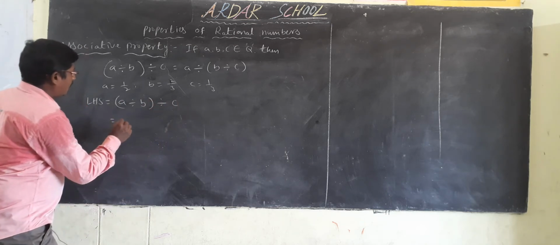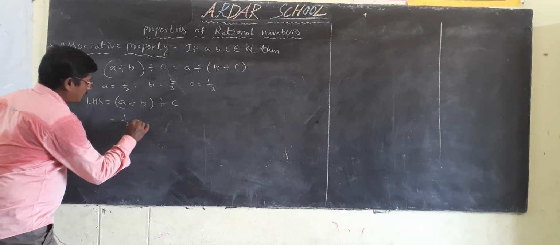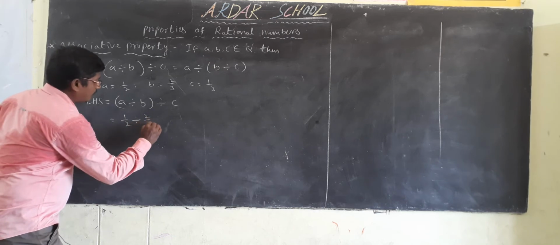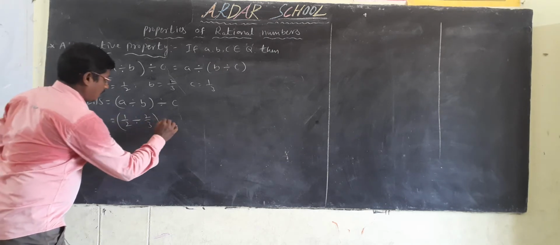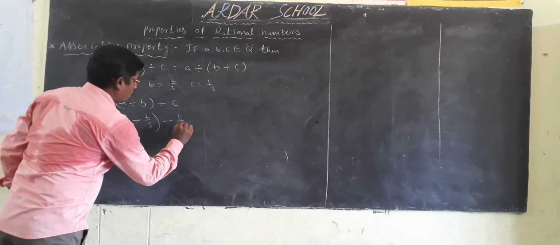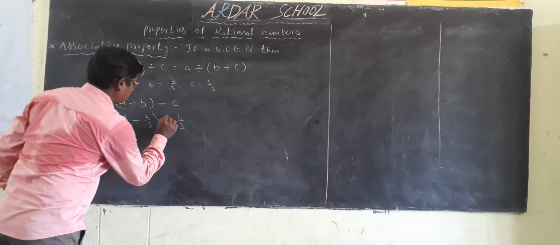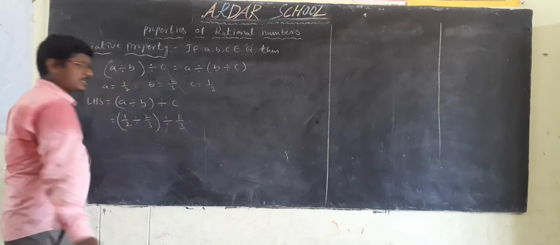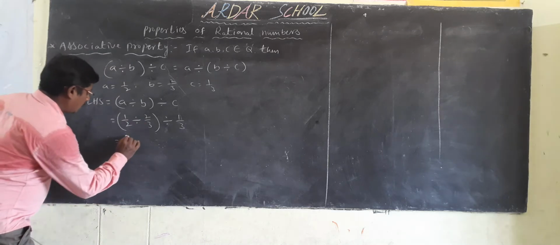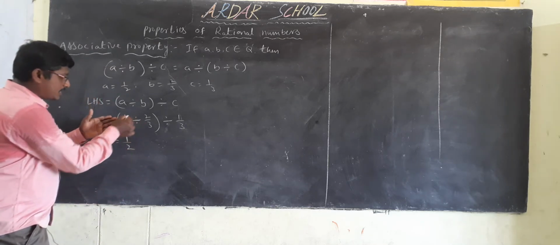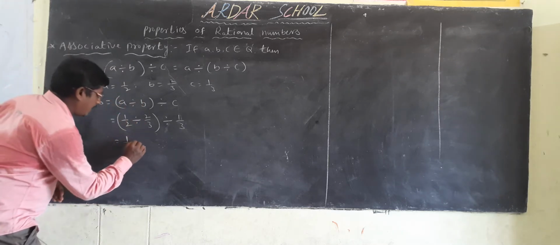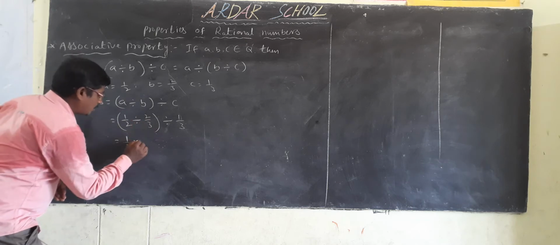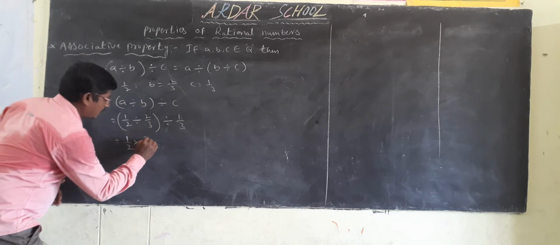So here a is 1 by 2 divided by 2 by 3, divided by c, which is 1 by 3. Here 1 by 2, the division symbol is converted into multiplication, with the reciprocal of 2 by 3, which is 3 by 2.